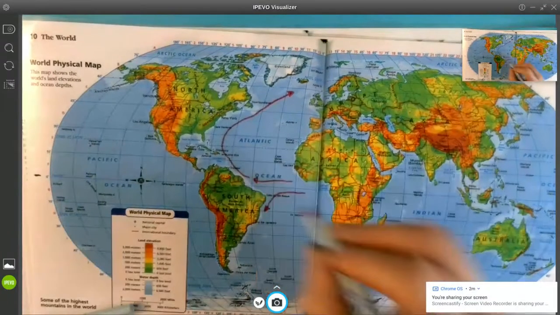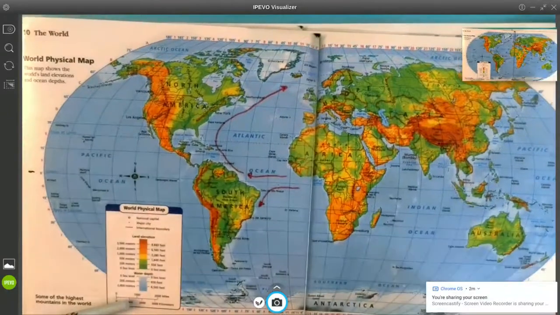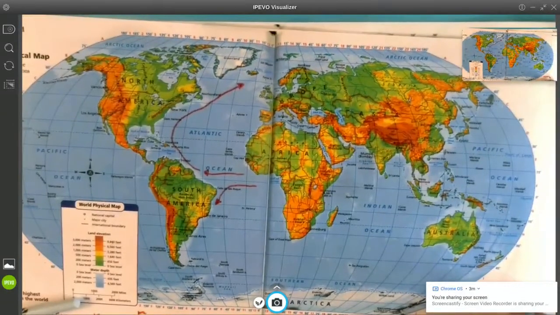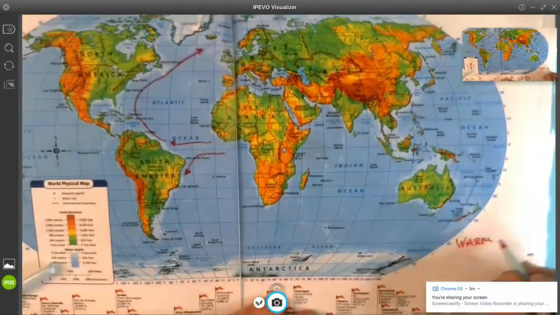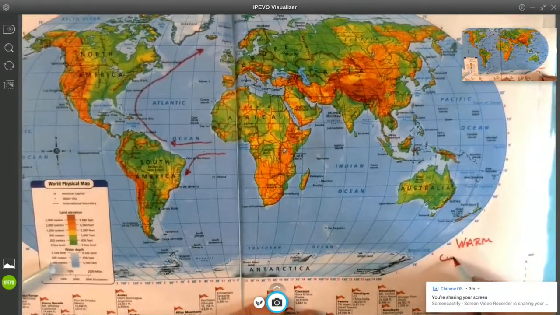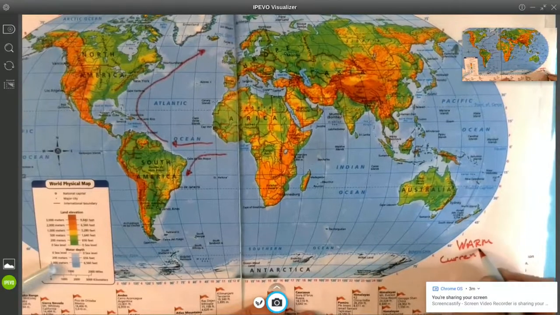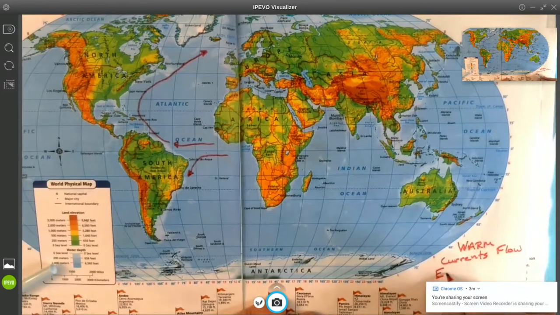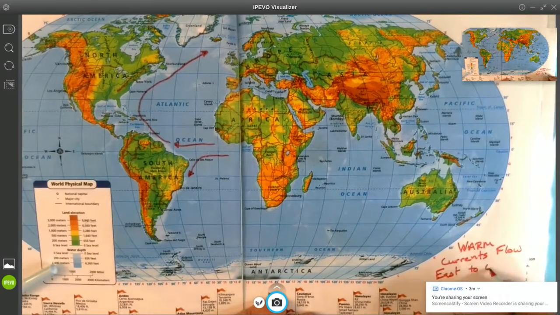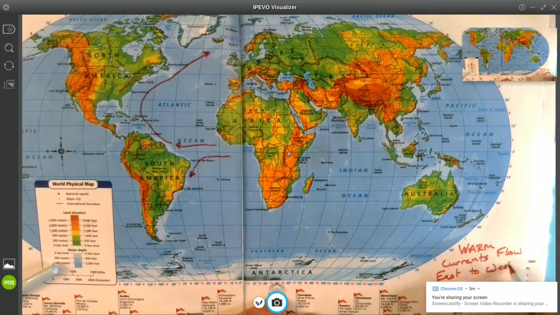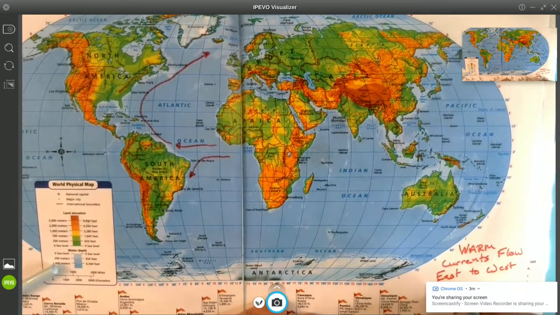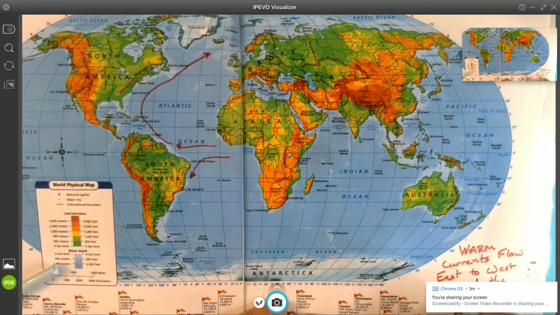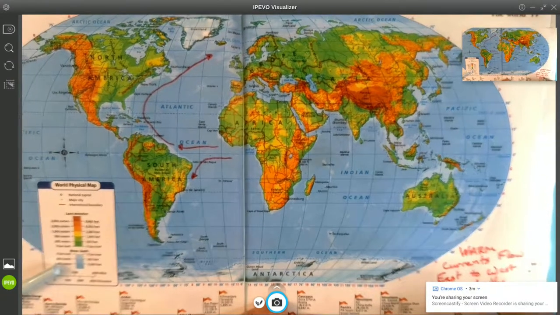Okay, so around the equator, warm currents flow east to west around the equator. And I already will need a different piece of paper.